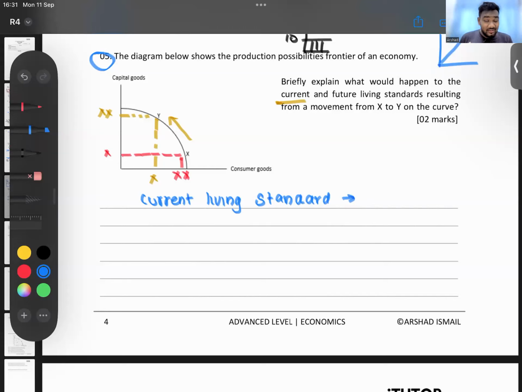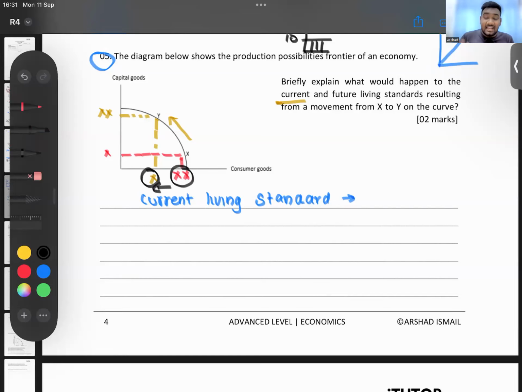Why is it going to decrease? It's going to decrease because earlier, now how do we measure current living standard? Based on the number of consumer goods they produce, no? So earlier they were producing this many consumer goods, but now when they move from X to Y, they are only producing this much. They have decreased their consumer good production.